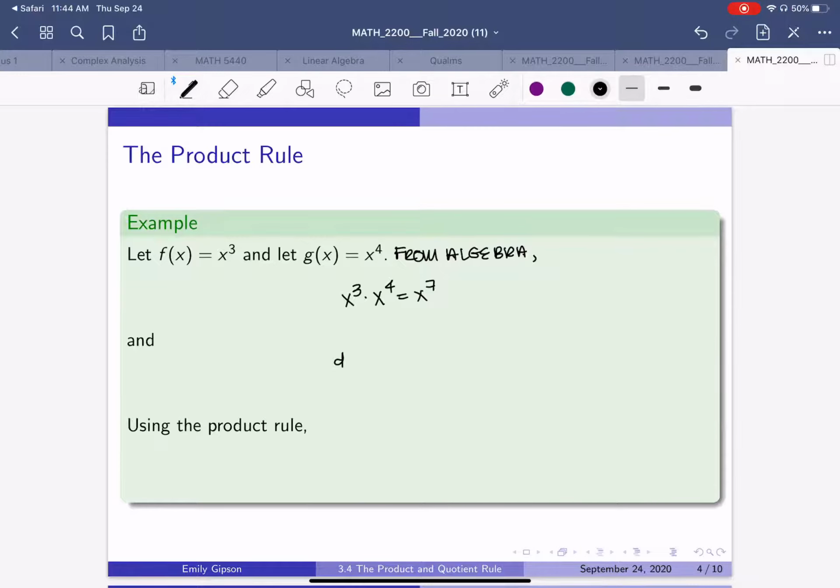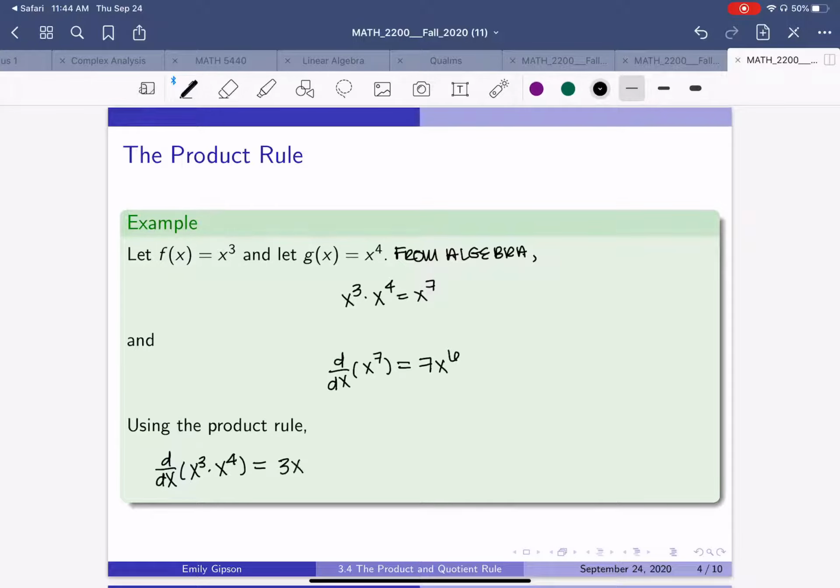So using just our regular power rule, d/dx of x to the seventh is actually 7x to the sixth. So we hope that using the product rule, we can get something that looks like 7x to the power of 6.